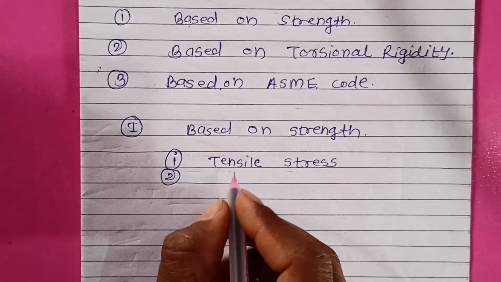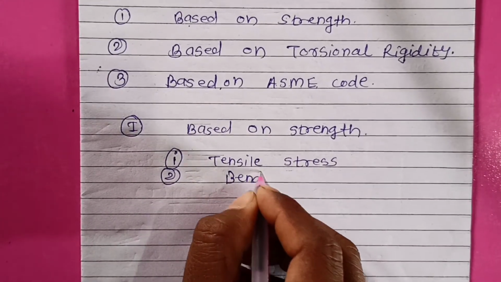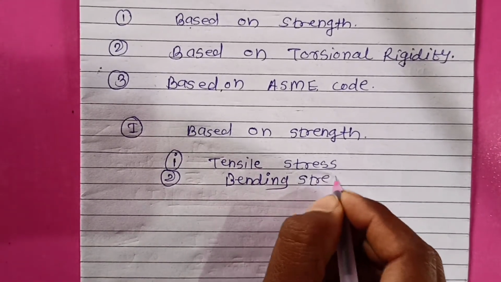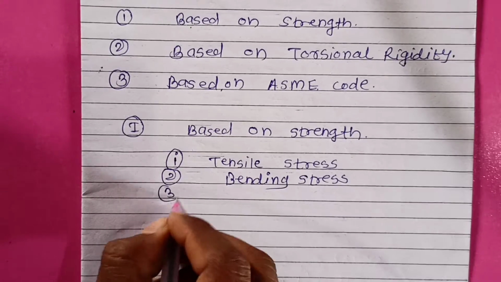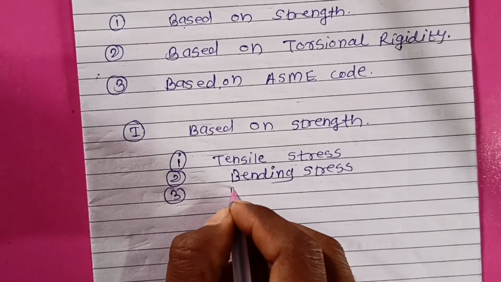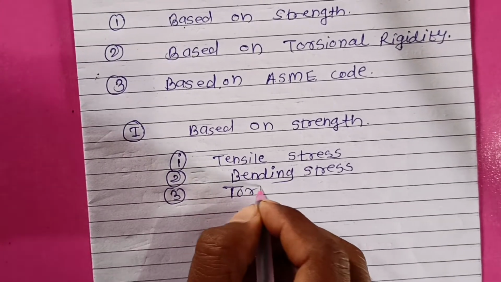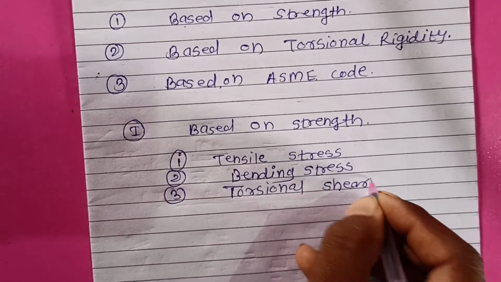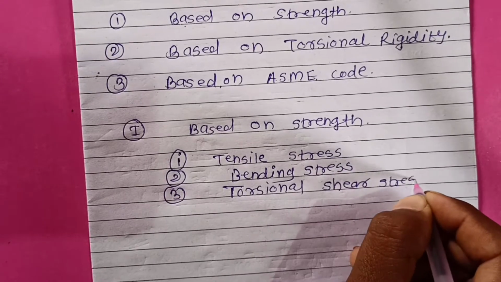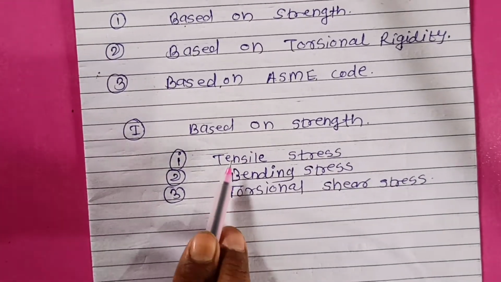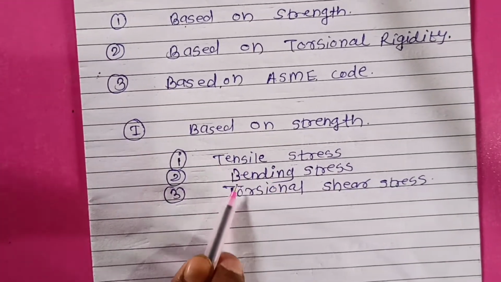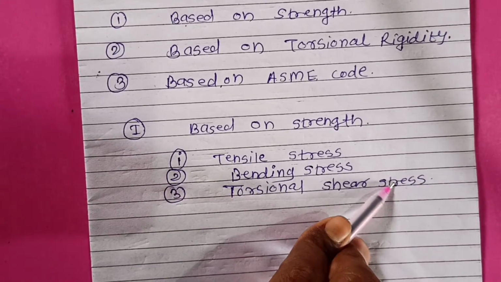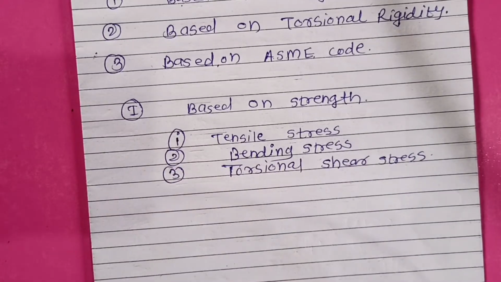Second one is based on bending stress. And third one is based on torsional shear stress. First is based on tensile stress, second is based on bending stress, and third is based on torsional shear stress.